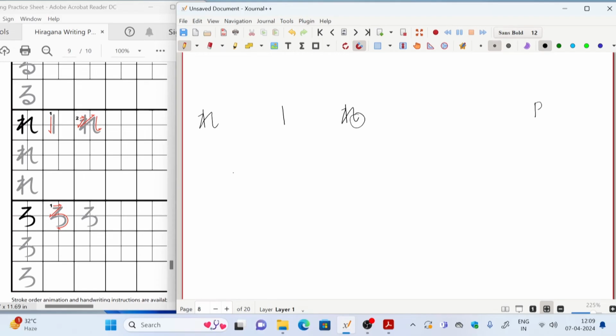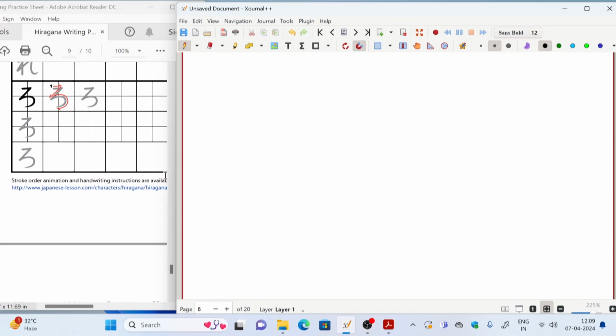This is re. Next is ro. So it is very simple, it's 3 only, and this is ro. So just now we learned ra, ri, ru, re, ro.